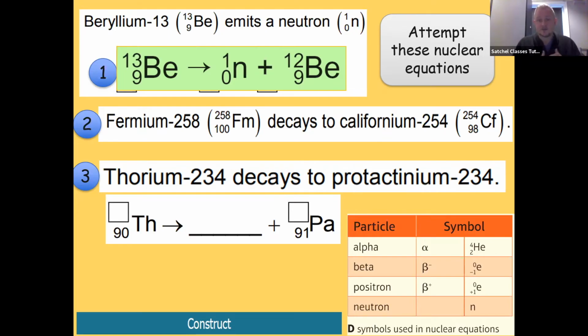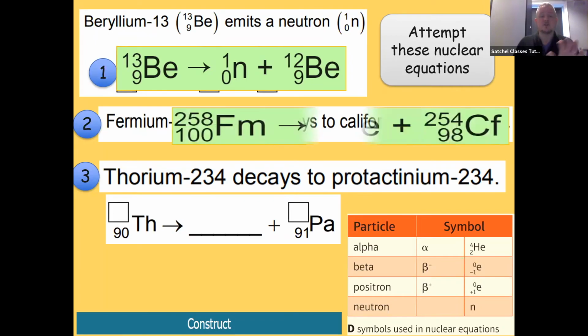And those of you that have followed the rules know that the conservation of mass and charge applies to this. So from 258 to 254, I've lost a mass of 4. From 100 to 98, I've lost a charge of 2. Automatically, that tells me 4/2 He. This has decayed via alpha, and so my equation would look like this. 258/100 fermium, arrow 4/2 He plus 254/98 californium.